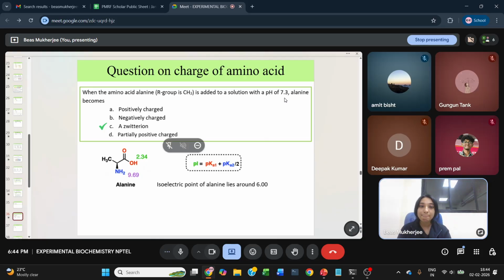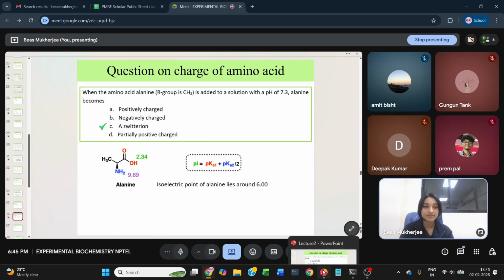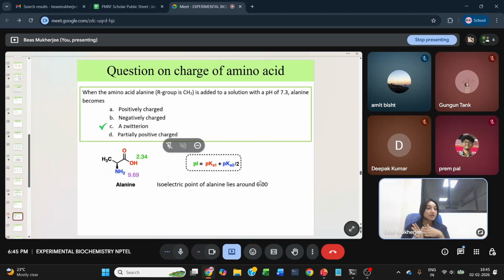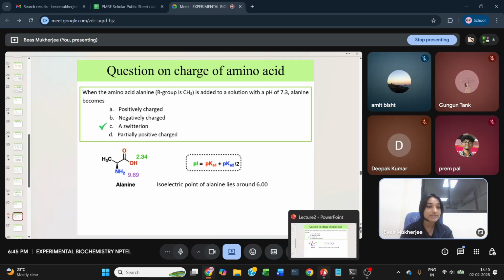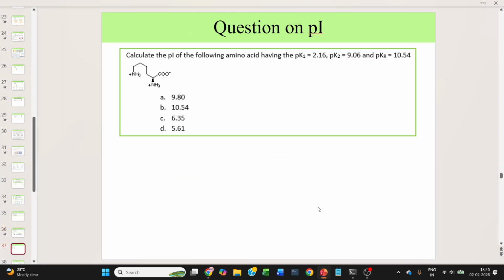So at around 7.3, it is going to exist as a zwitterion, with both positive and negative charges. But when you exceed pH 9, it is going to have only a negative charge. When you go below pH 2, it is going to have only a positive charge. Its isoelectric point is around 6 based on that calculation.